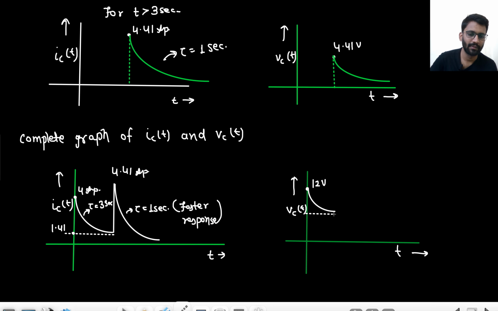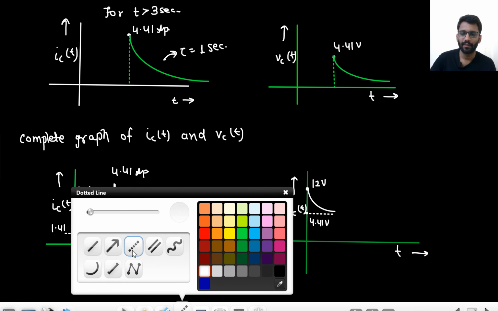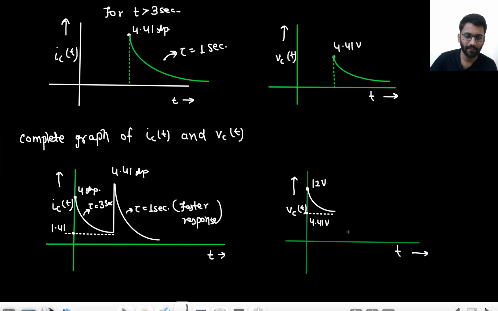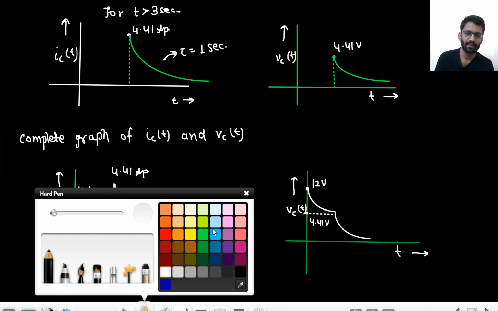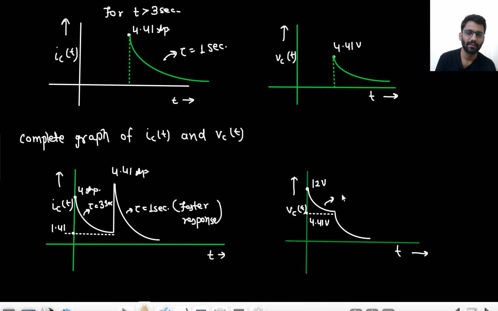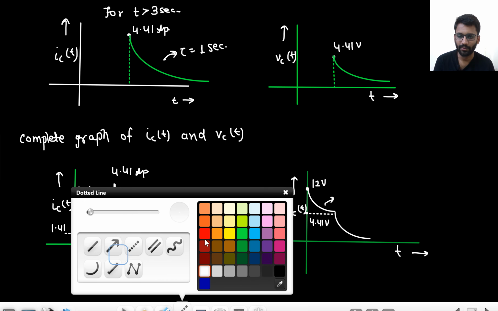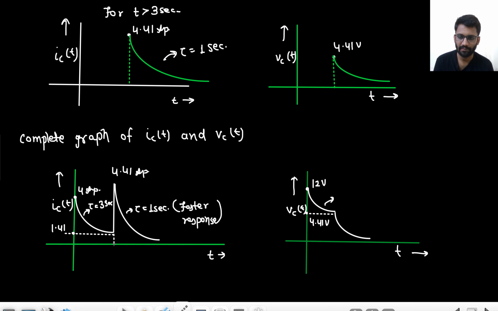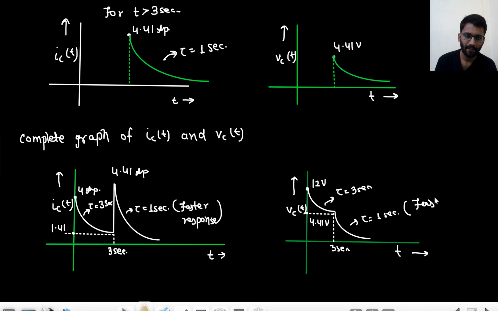Then from 4.41 it goes down to 0, but with a faster response. This is t equals 3 seconds. Here the time constant was 3 seconds, and here the time constant was 1 second, so it is also a faster response. I hope you have understood the concept.